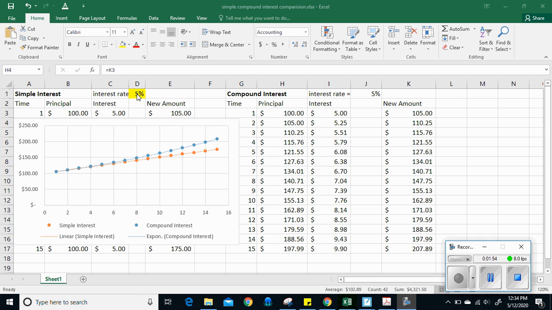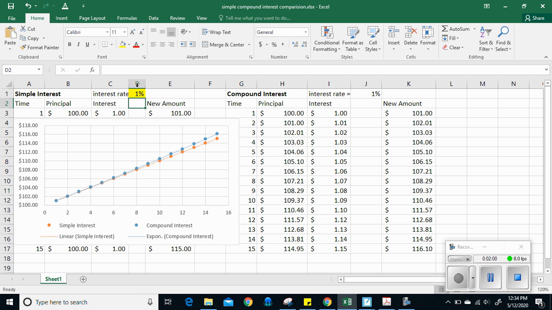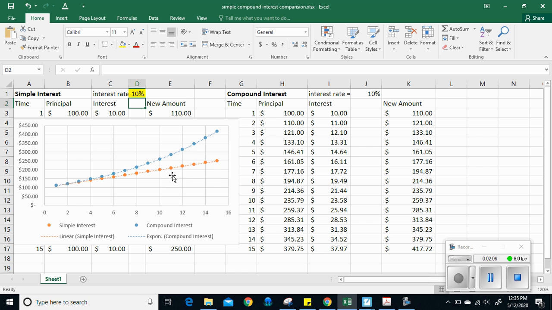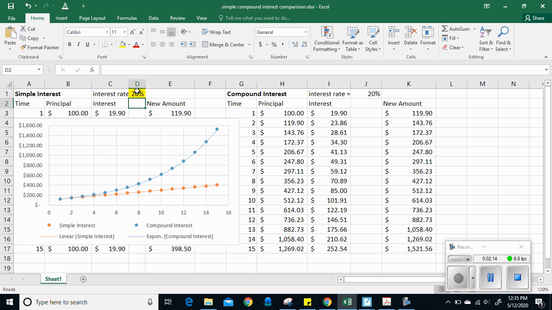Okay, so now let's watch what happens when I change my interest rate. Okay, so I did 5%. Well, what if it's 1%? Not a big difference. What if it's 10%? Oh, much bigger difference. Now we're really seeing that exponential curve. What if it's 19.9%, which is what your credit card charges you?